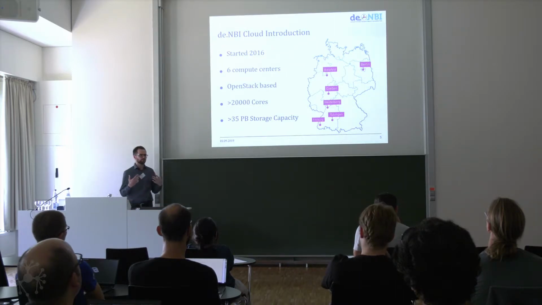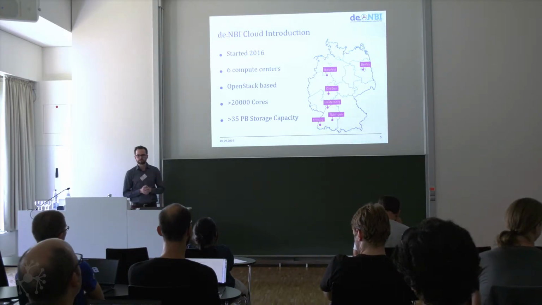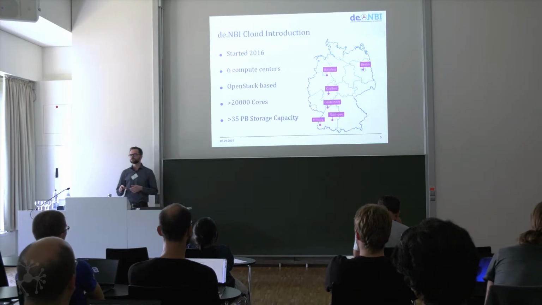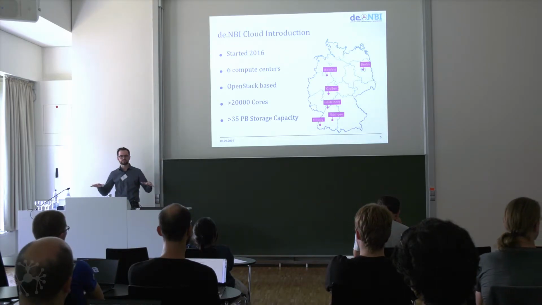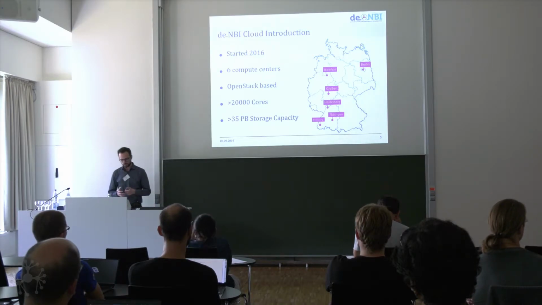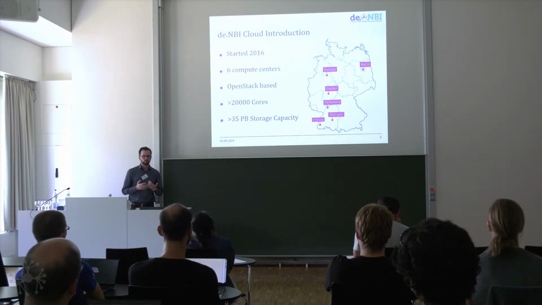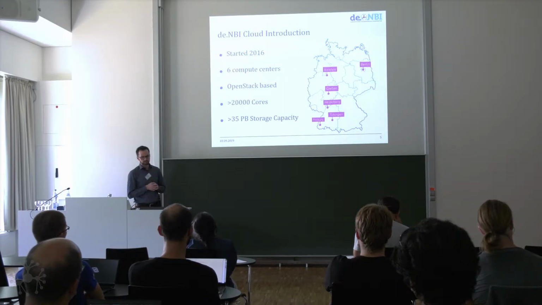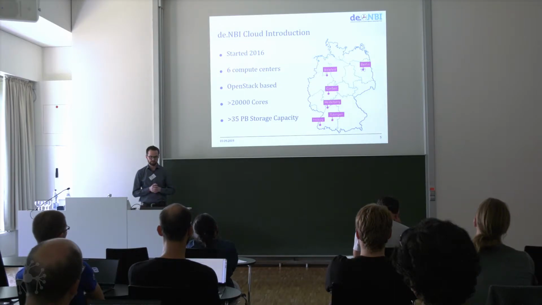Since we are a cloud federation, it is quite important for us that we are using the same underlying infrastructure as a service system. It's called OpenStack. At the moment, we offer more than 20,000 cores and 35 petabytes of storage capacity.